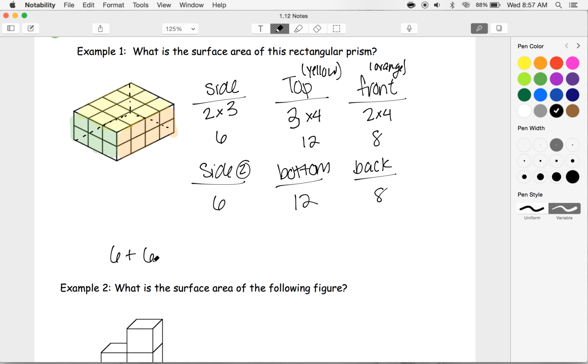Now the last thing I do to find my surface area is to add all of those areas up. So I'm going to do 6 plus 6 plus 12 plus 12 plus 8 plus 8. I'm going to get 52 square units for this shape.